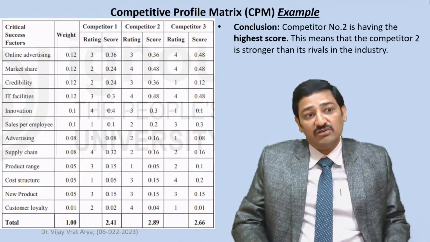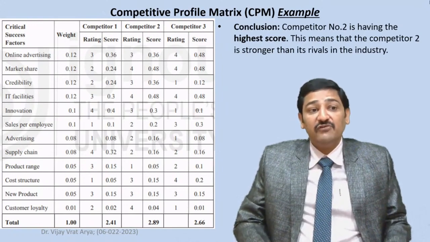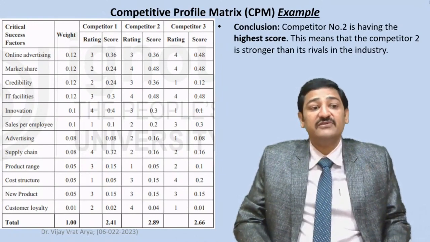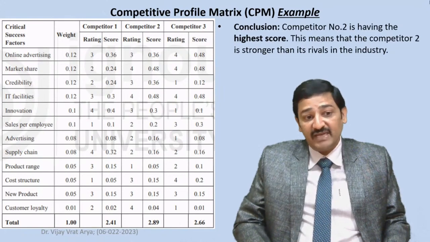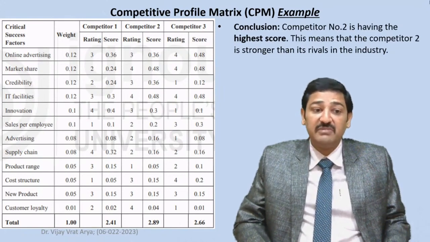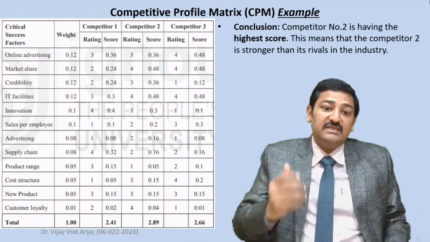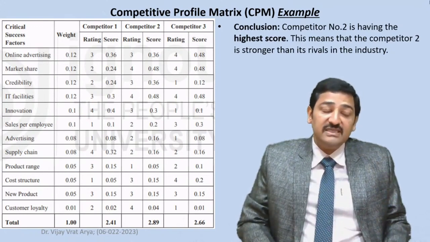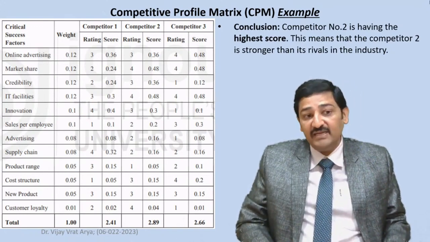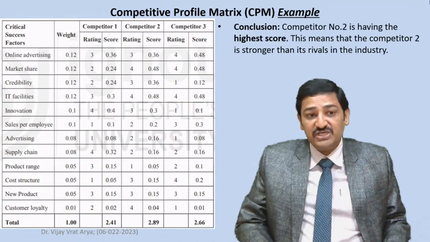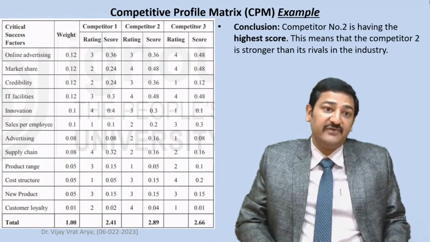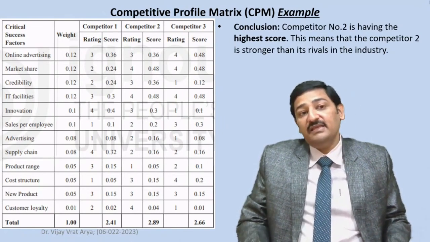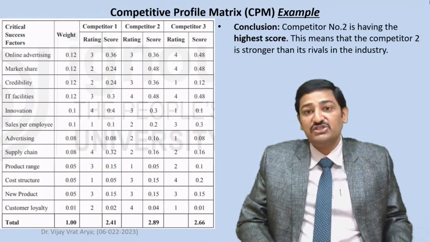So market share can also be included, like the level of online advertising the firm is referring to, maybe the supply chain position of the firm in the market. So based on that, these critical success factors have been applied and which substantiate in terms of identifying the competitor's position.